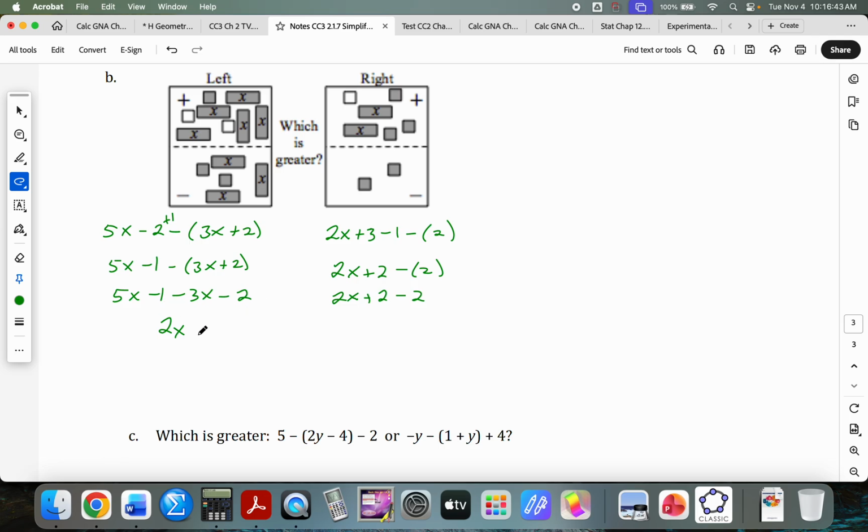And negative 1 minus 2 is negative 3. And this is going to be just 2x, right? So if I remove the 2x from both sides, I've got negative 3 over here and 0 over here. Which one is greater? Yeah, the right is greater.